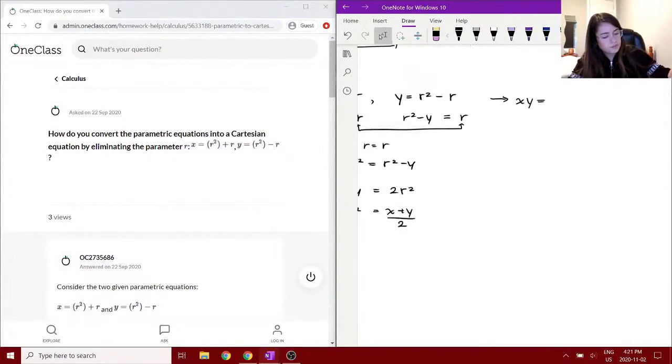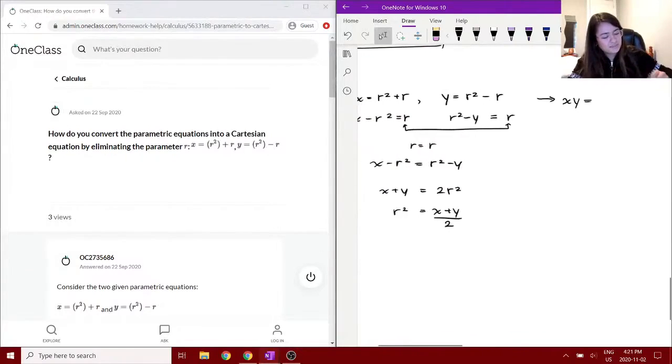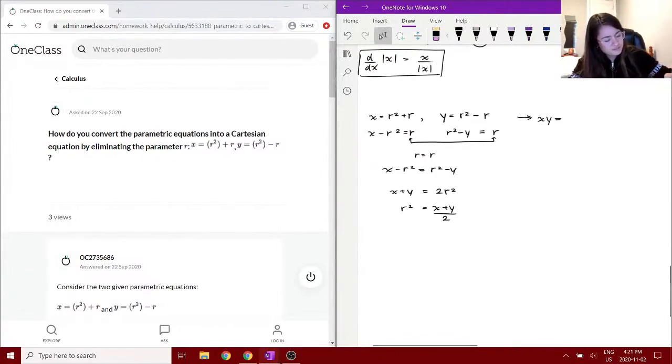I think you'll see better what I mean when I show you. From the equations that we know, we'll sub in x and y. So this is x times y, simple multiplication with brackets.